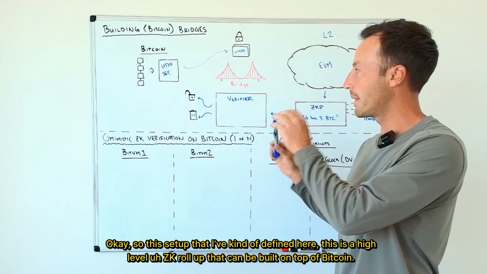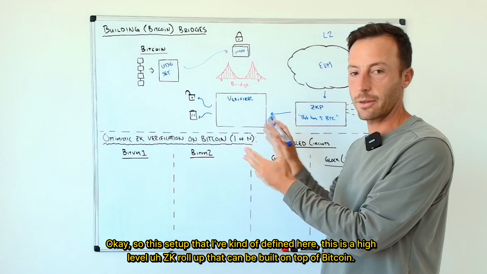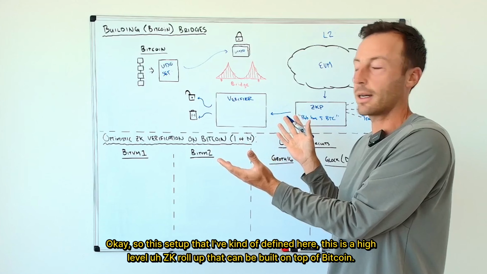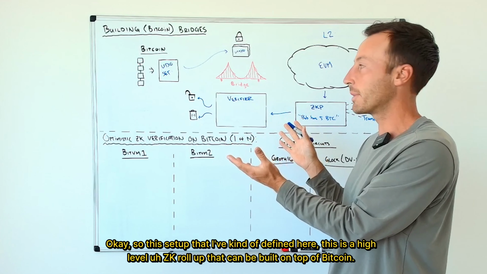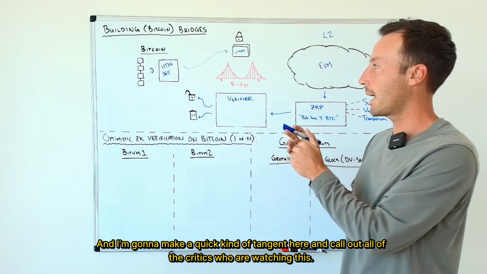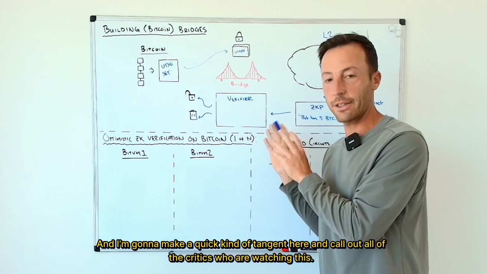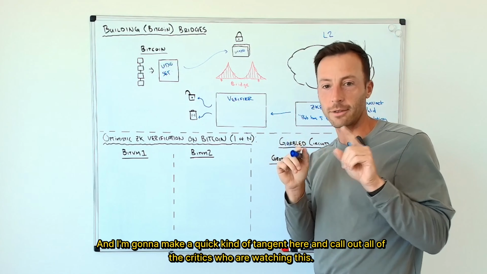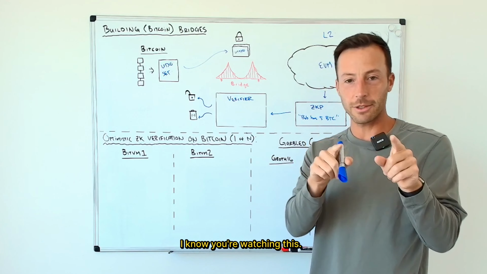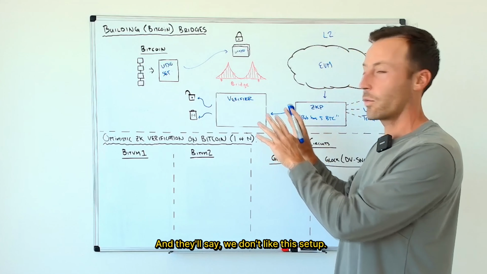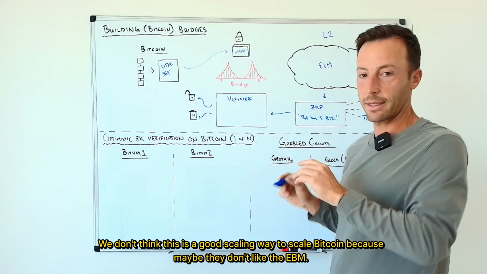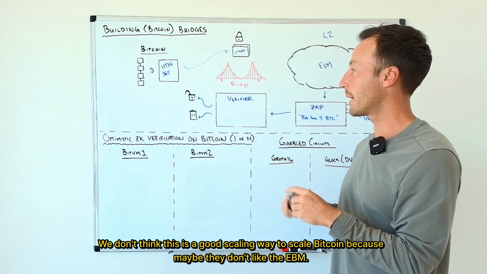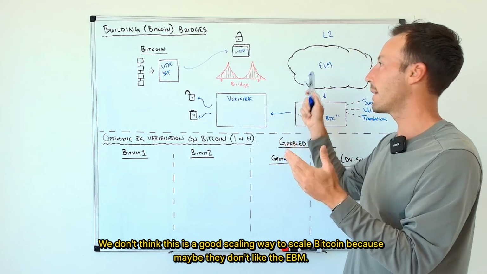Okay, so this setup that I've defined here is a high level ZK rollup that could be built on top of Bitcoin. And I'm going to make a quick tangent here and call out all of the critics who are watching this. I know you're watching this, you know who you are. They'll say, we don't like this setup. We don't think that this is a good way to scale Bitcoin, because maybe they don't like the EVM.